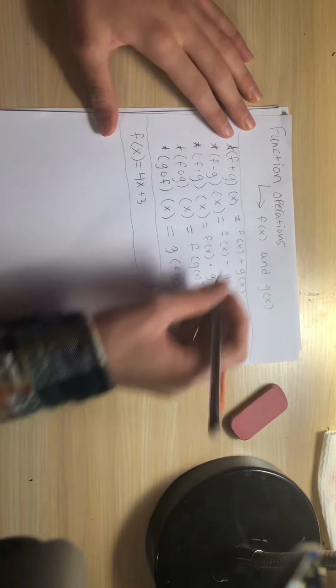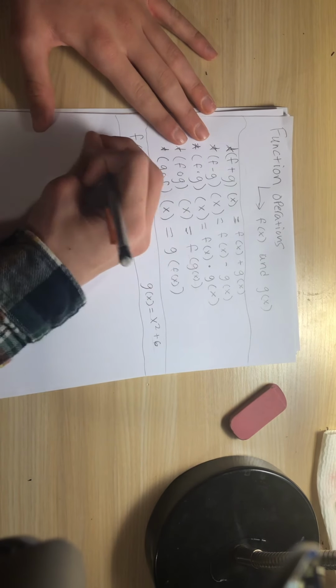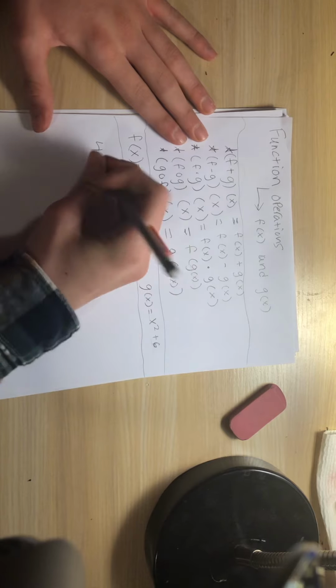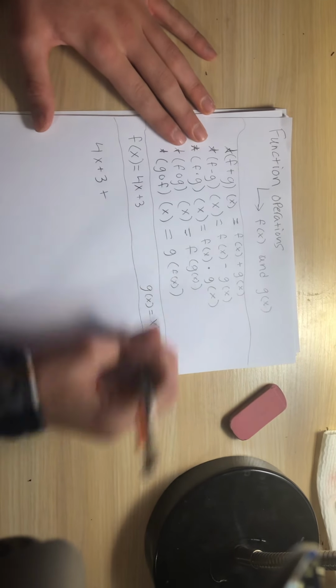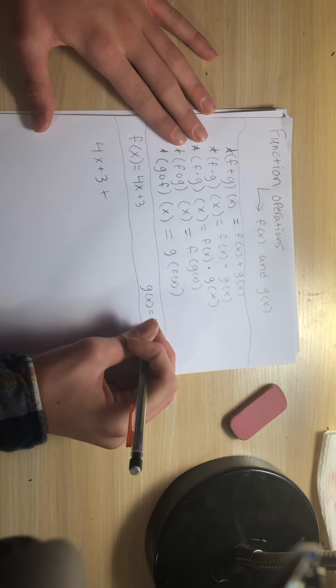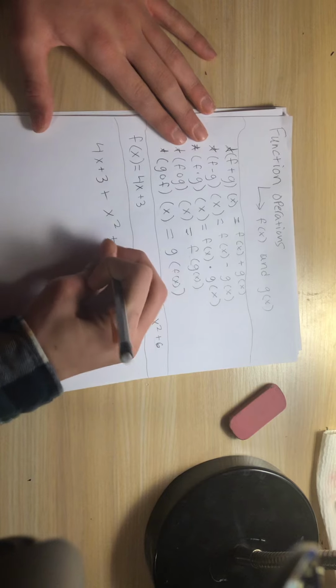So this equation right here really just means f of x, which is 4x plus 3, plus g of x, which is x squared plus 6.